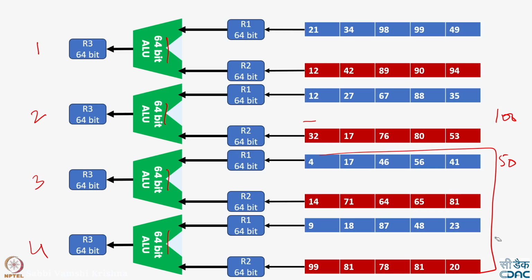Next, if I have the same 100 elements and I say that these 100 elements must be processed by all the existing 4 execution units, then all 4 units will come into action and the elements will be divided as 25, 25, 25 and 25 across the 4 execution units.